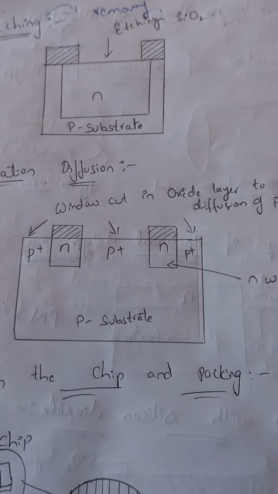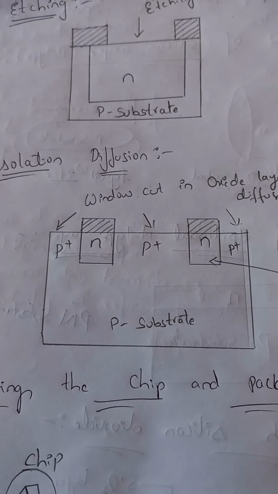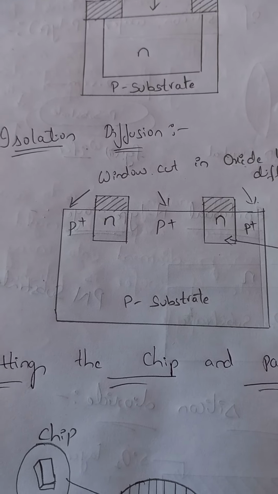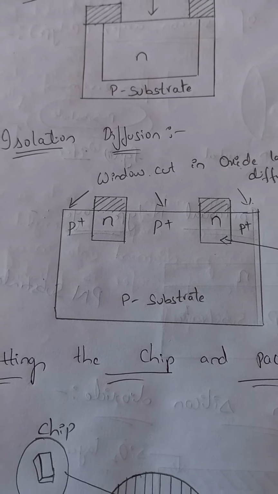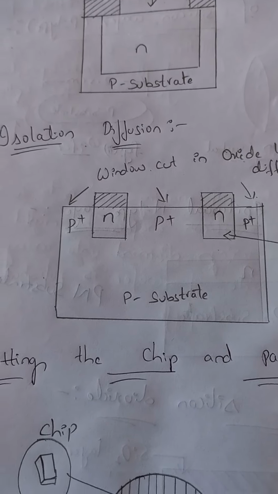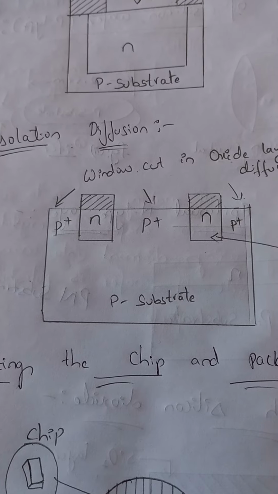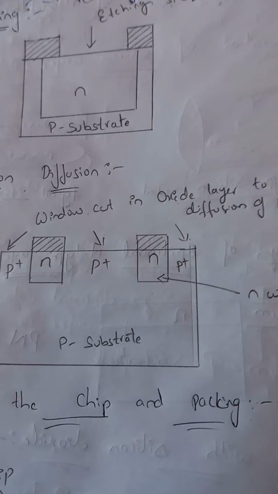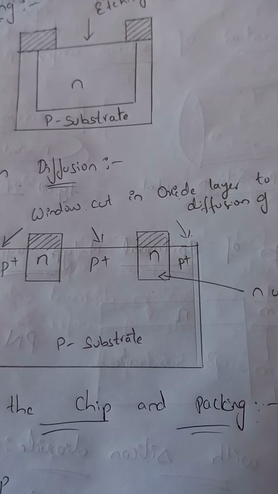Why is it required? To have desired locations. I want to diffuse some materials, because I want to produce some components there. For that purpose we require etching.